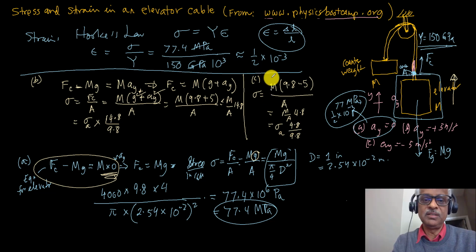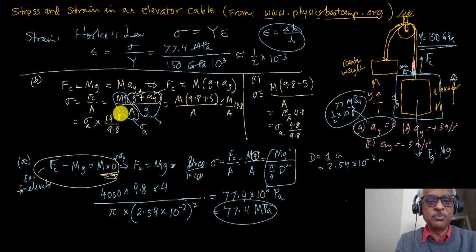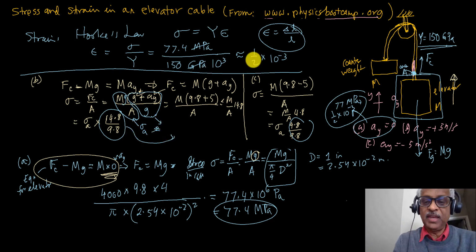You can see that basically what I'm doing is multiplying by g and dividing by g, and this part is what sigma in A is, and this is the factor that changes for each case. So sigma of A was 77.4 megapascal times 14.8 over 9.8.